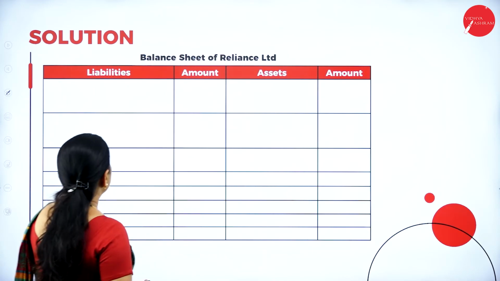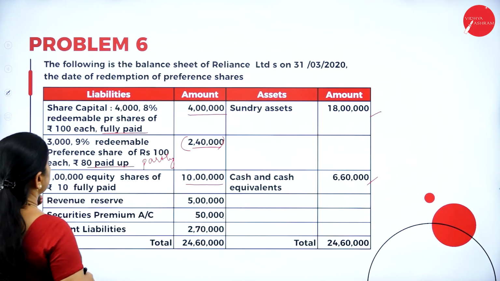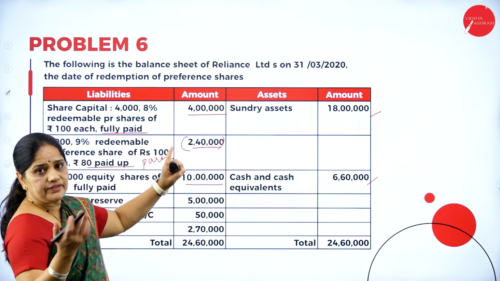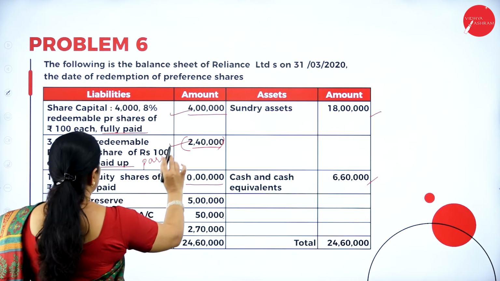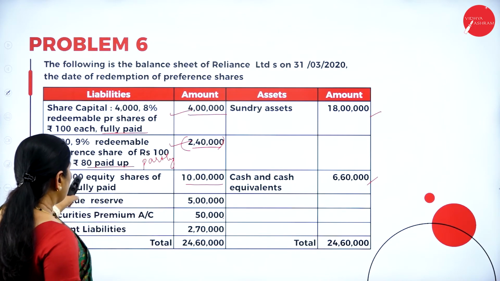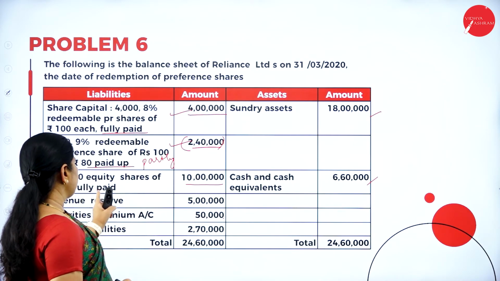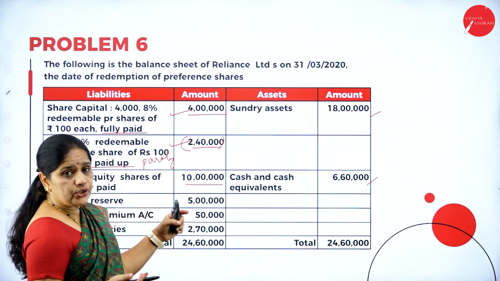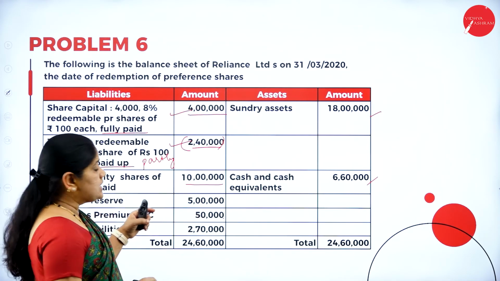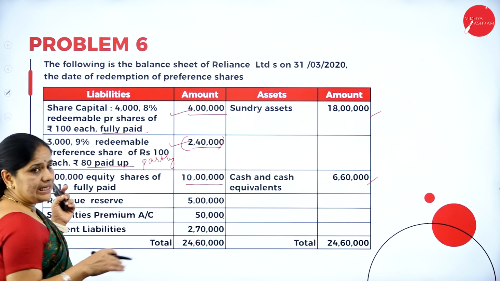So we have the balance sheet here. So first thing is, we don't have the preference shares here because all these preference shares are also redeemed. Now we have 1 lakh equity shares of rupees 10 fully paid, 10 lakhs. Now we have issued equity shares worth rupees 2 lakhs, so that is 20,000.